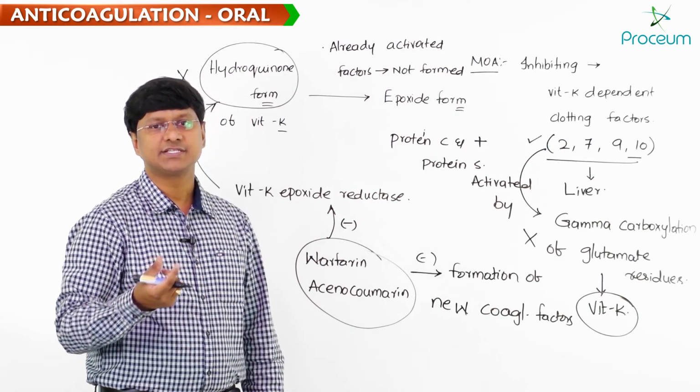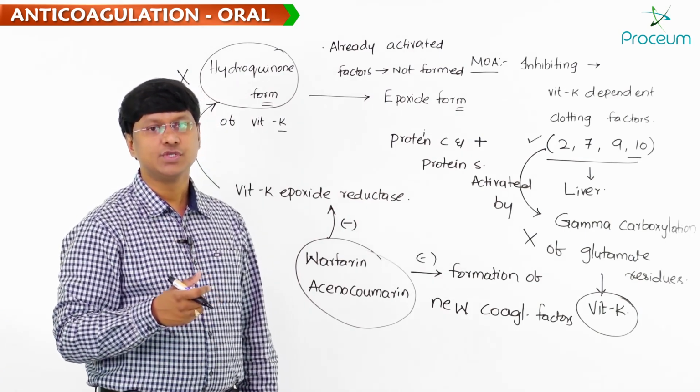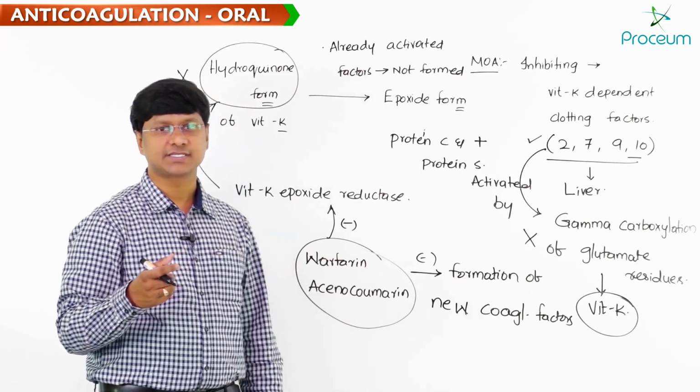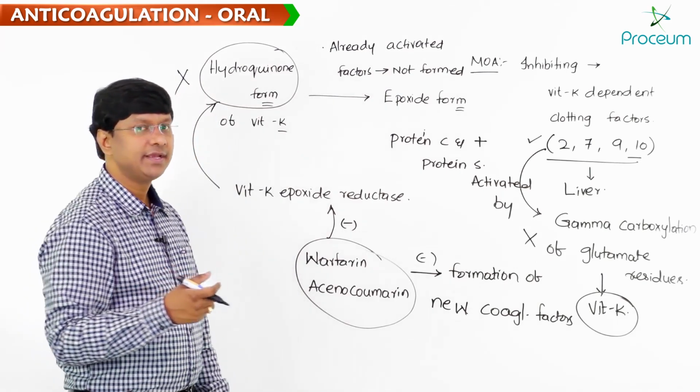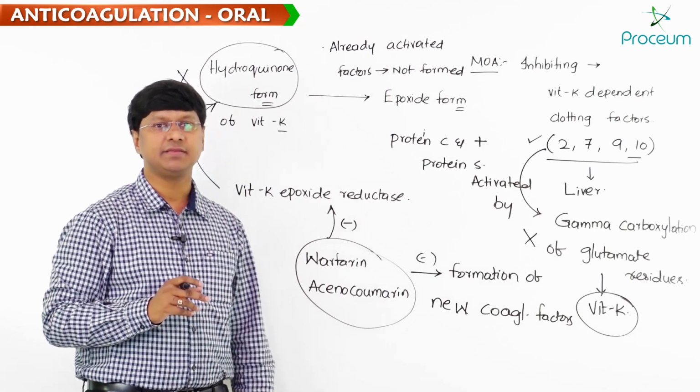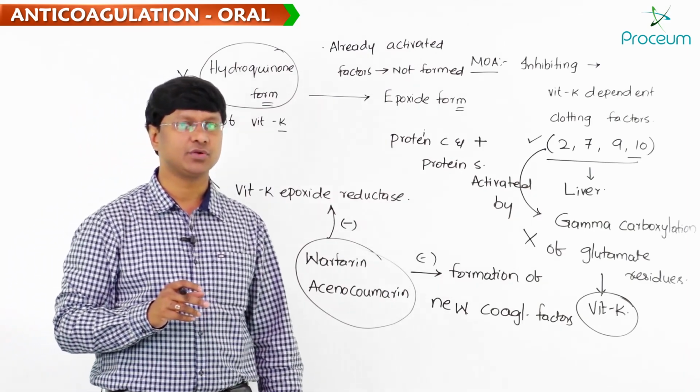Now, let me discuss a few more points about Warfarin. Before discussing, let me shortly revise the mechanism of action once again. Remember, these drugs act by inhibiting the activation of vitamin K dependent clotting factors.